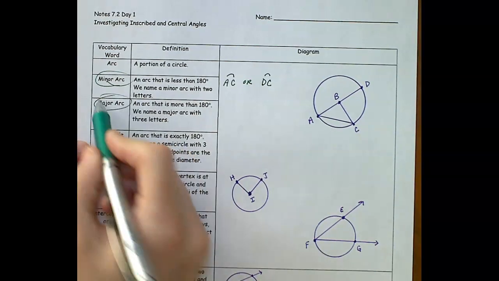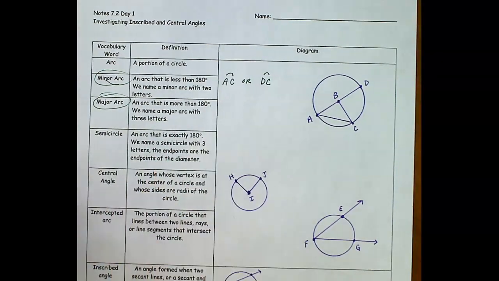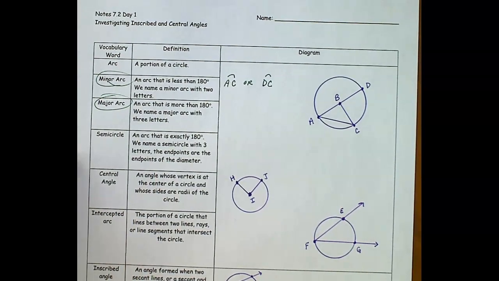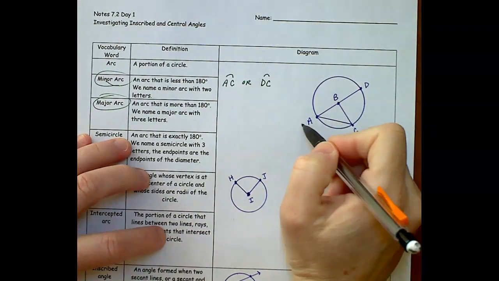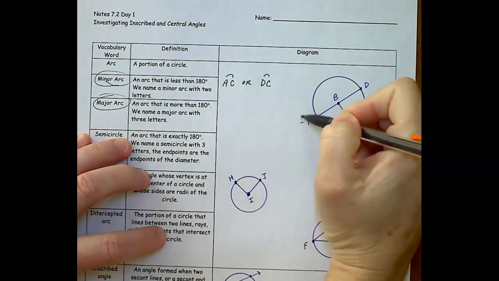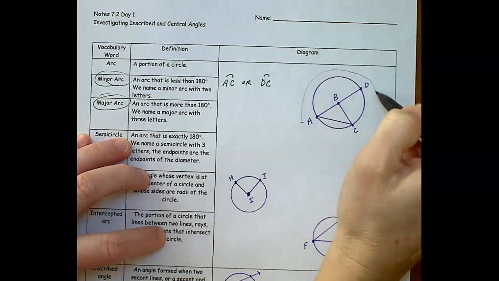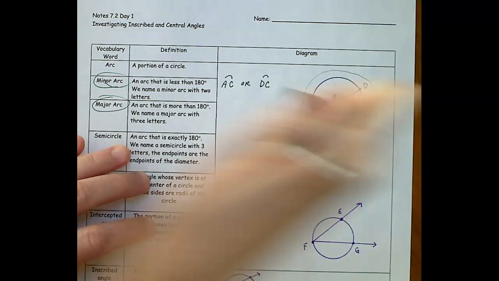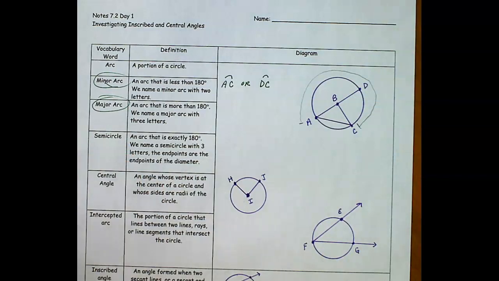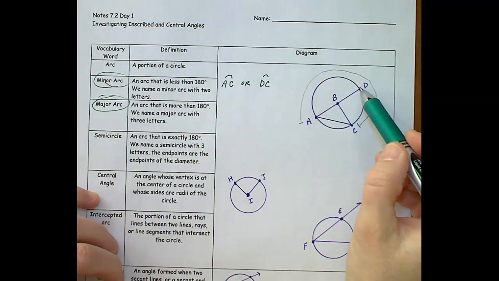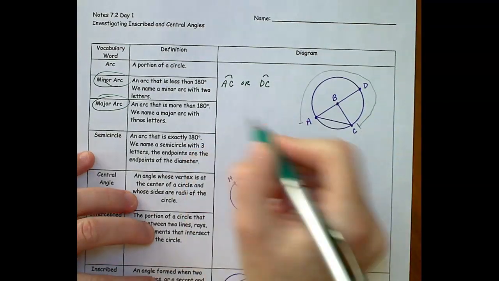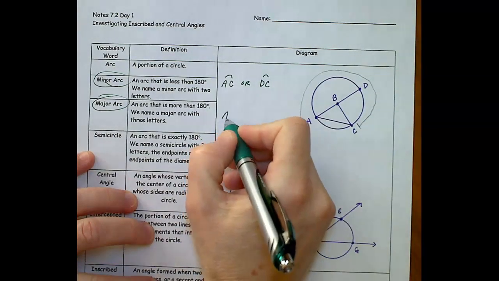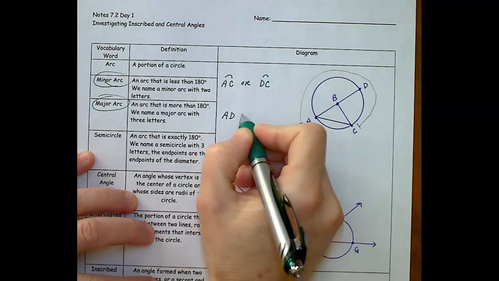Next we have a major arc. Think about a big arc. That's the one that's going to be bigger than 180 degrees. Now it's very important that we use 3 letters so you know the direction we're going. So let's just say I start at A and I swing all the way around and I stop at C. That's a major arc because we went past the 180 and we went towards C. So how we would label that would be arc ADC.